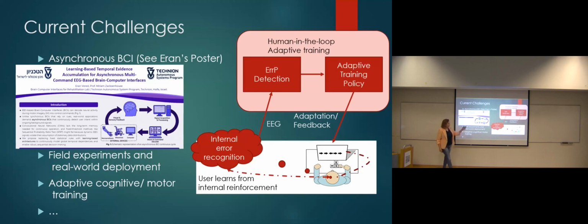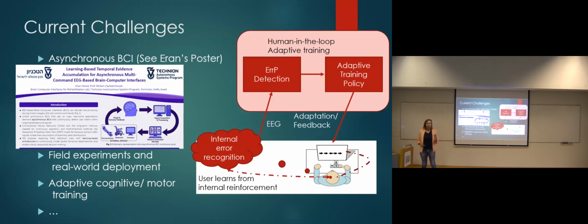And now we have a new project, which is funded by the Israeli Innovation Authority, with a company called BraveSpace. What we are doing here is using the fact that we can detect error-related processing in the brain.